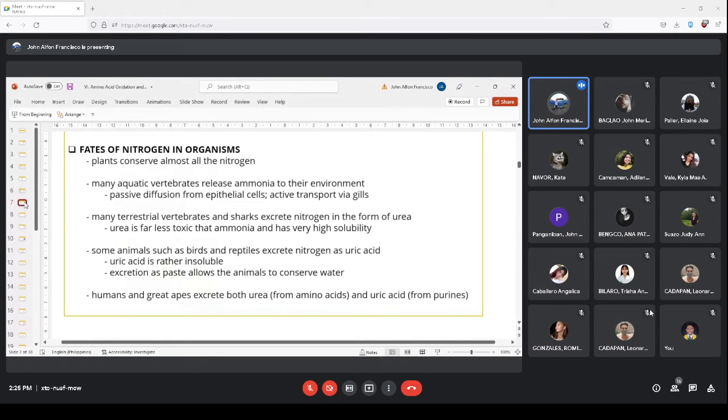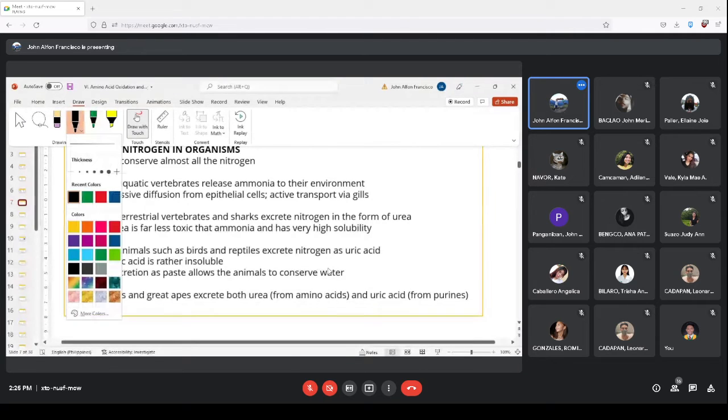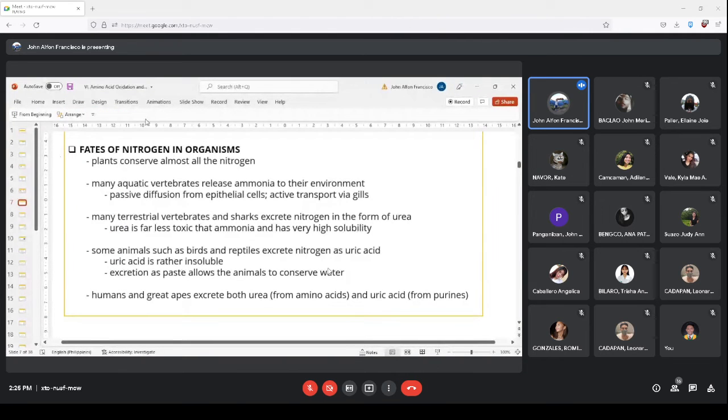So what organism releases or excretes this specific form of amino group? Plants conserve almost all of the nitrogen, as we have mentioned earlier, since they use it for formation of different metabolites.